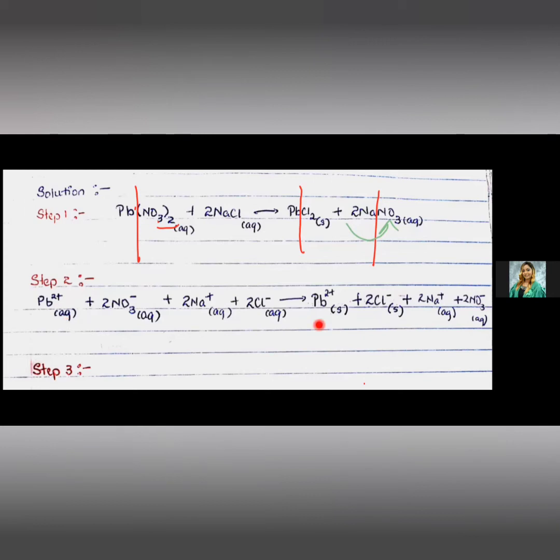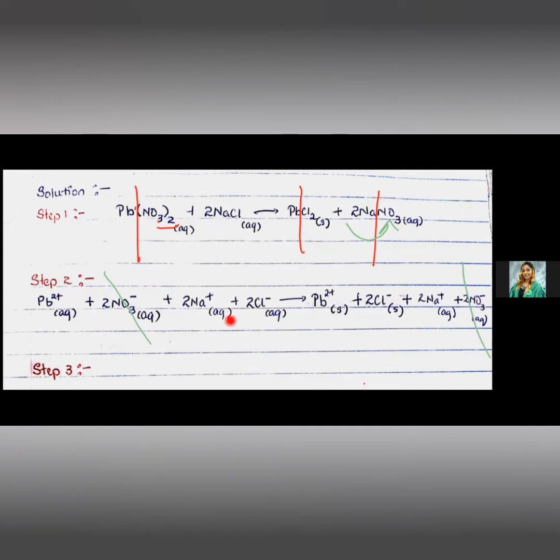Pb on the product side is 2 plus solid. So that has a change, so we can't touch lead. Let me go on to nitrate. On this reactant side it is 2NO3 negative aqueous. On this side it is 2NO3 negative aqueous. So we say, aha, no change, I cancel it out. Go again.